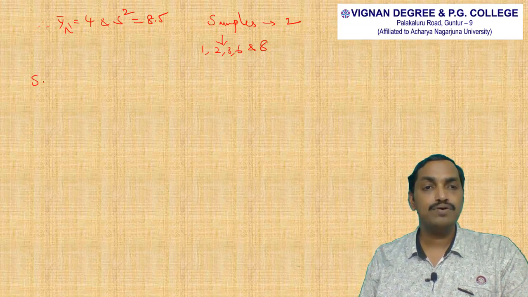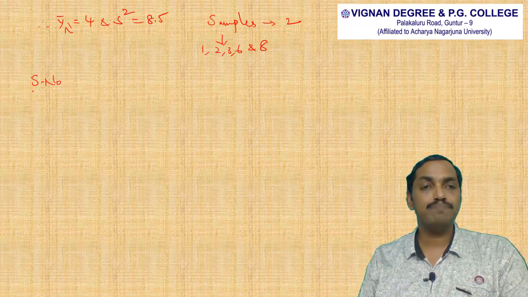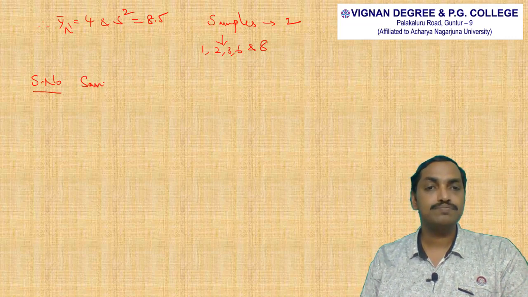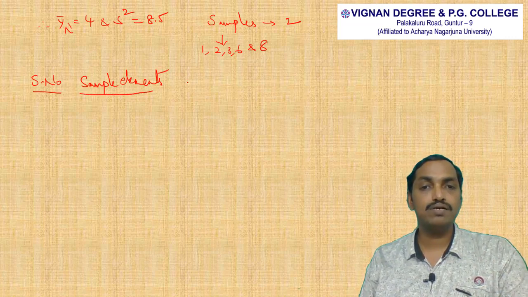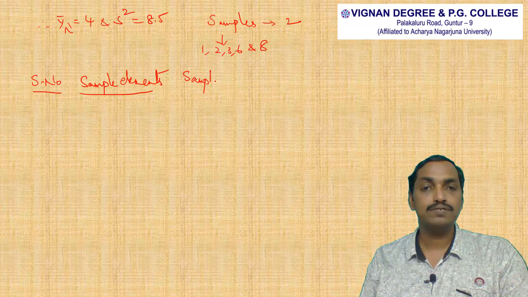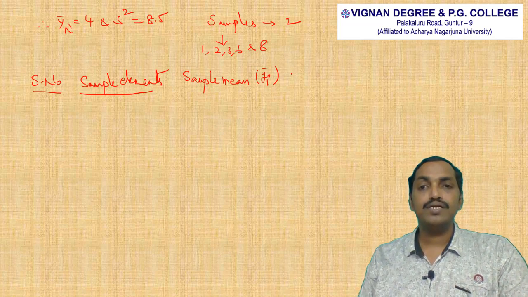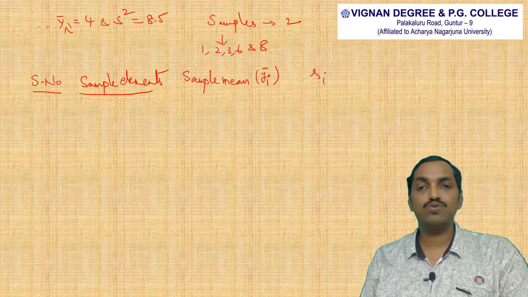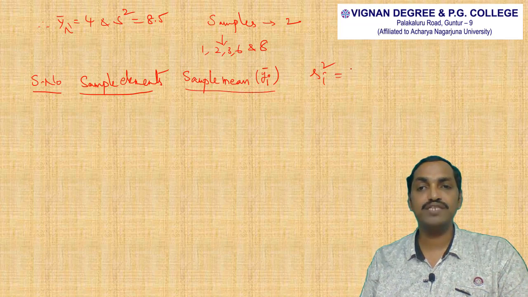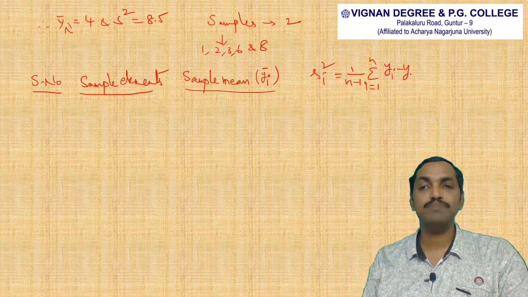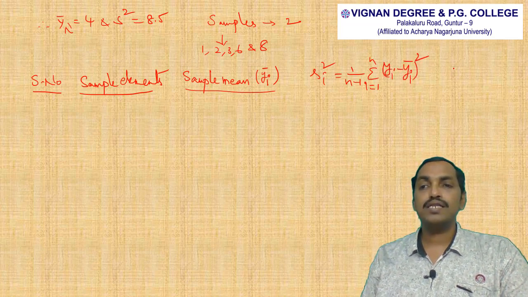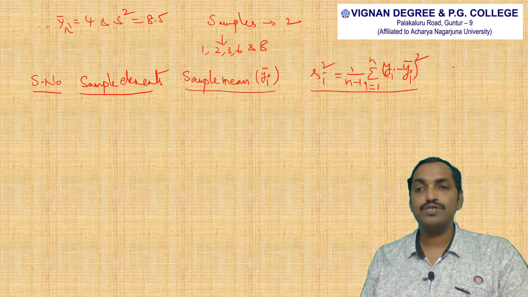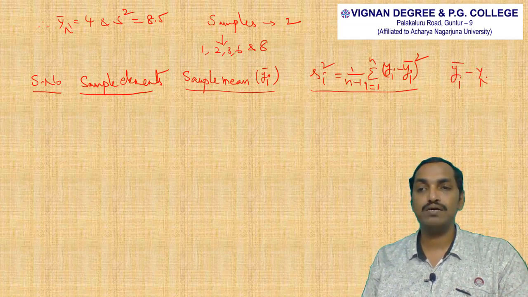In the first column we will have sample number, second column sample elements, third column sample mean, which is denoted by yi bar, and fourth column sample mean square, that is si square, which is given by the formula 1 by n minus 1 into summation i equal to 1 to n yi minus yi bar whole square, and the last column is small yi bar minus capital Y N bar whole square.